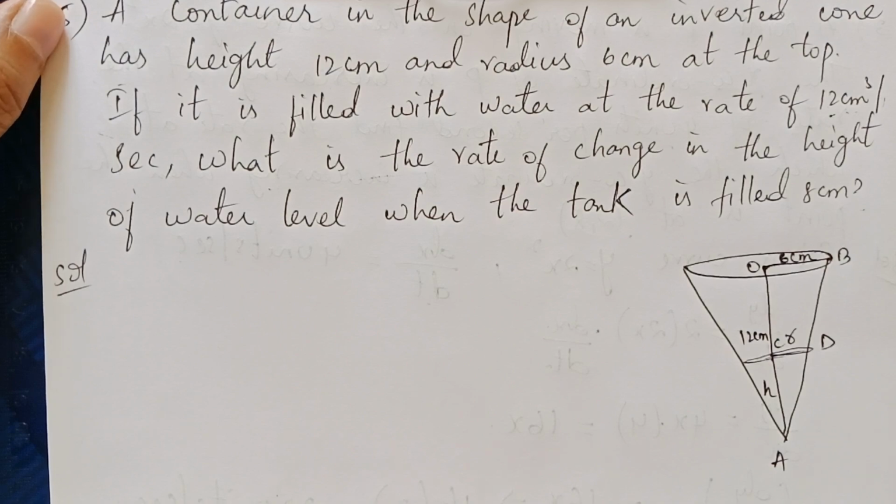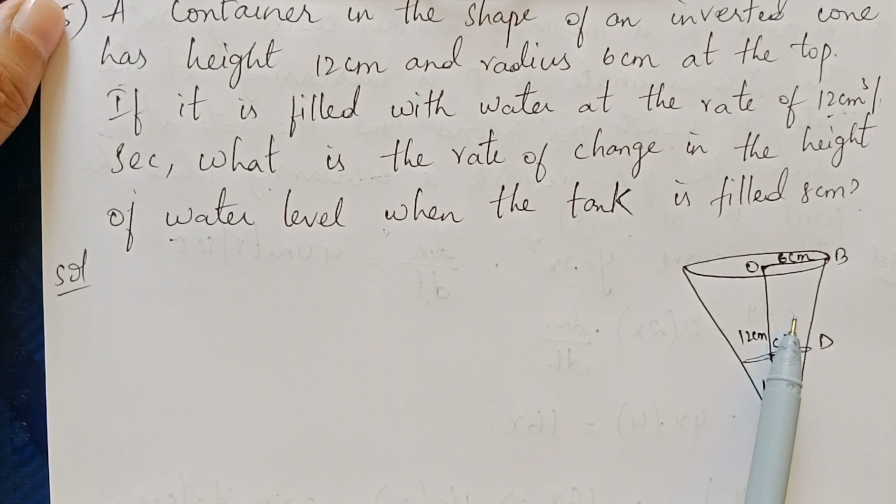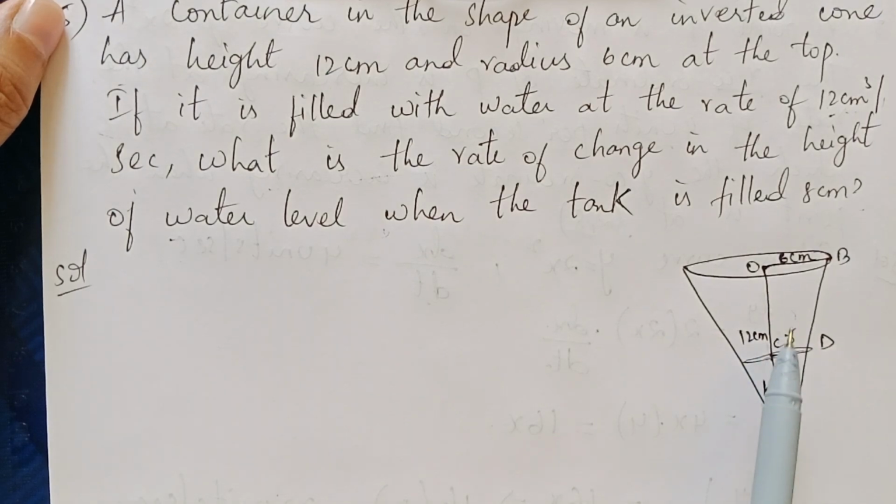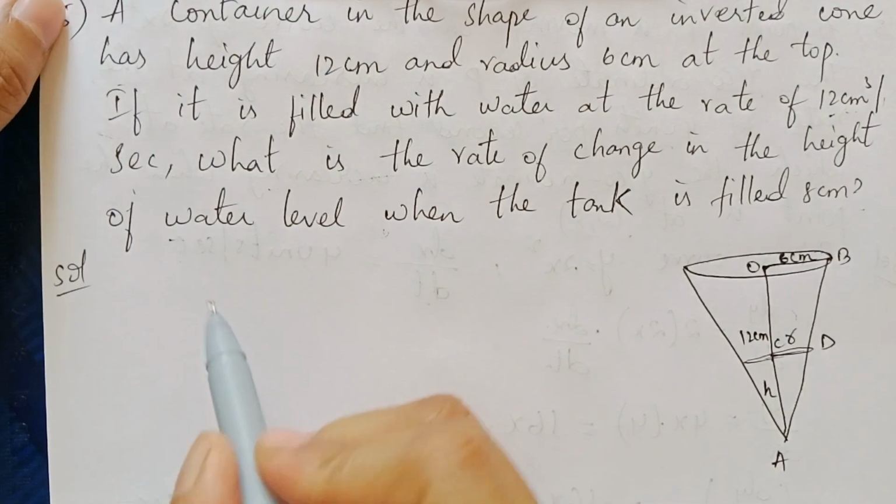Let us consider that there is a water level mentioned, so it is the capacity a container can hold. So here we have to use the formula for volume of a cone, because it's a capacity contained.